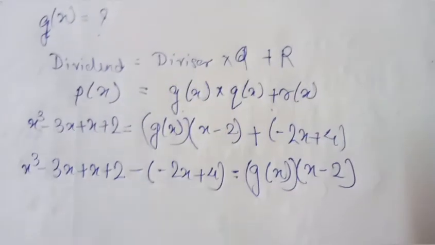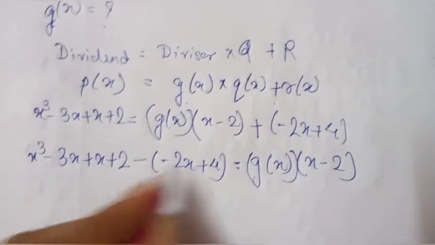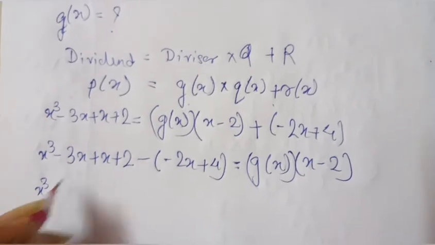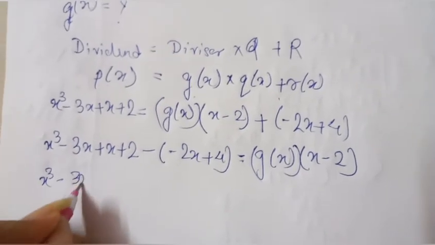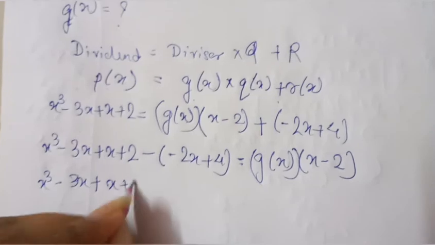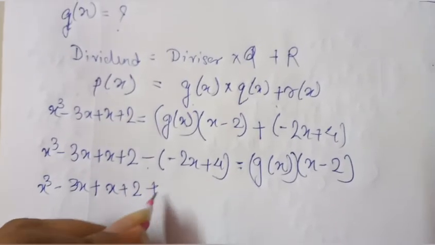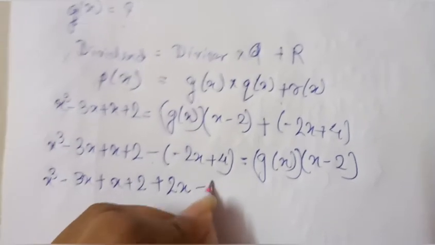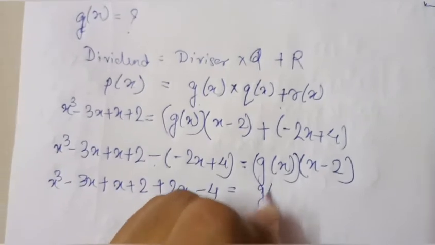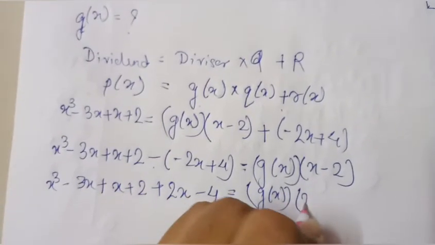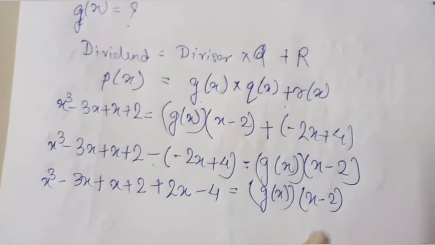So we can solve it as x cube minus 3x square plus x plus 2, minus minus will become plus 2x and minus 4, equal to g(x) into x minus 2.